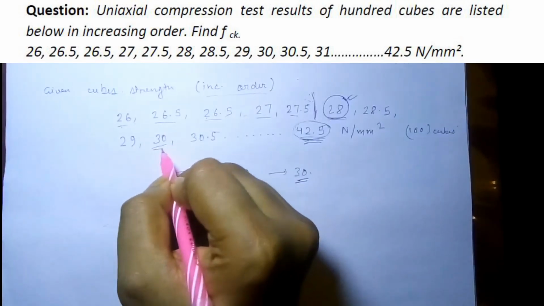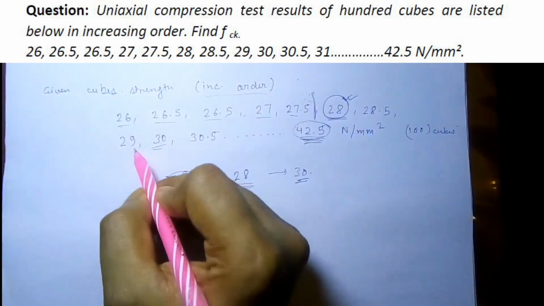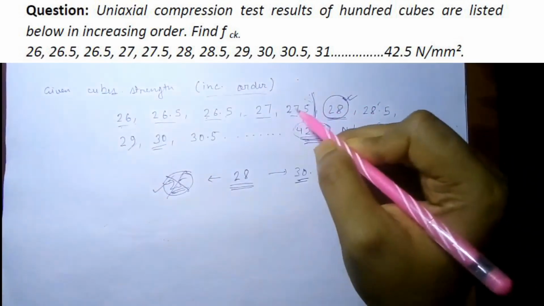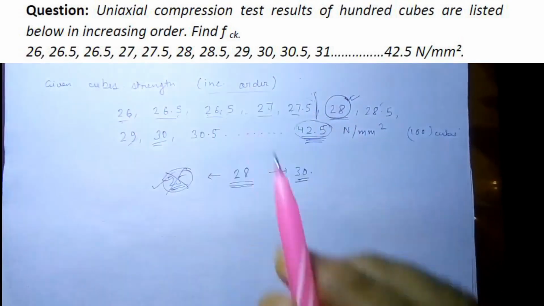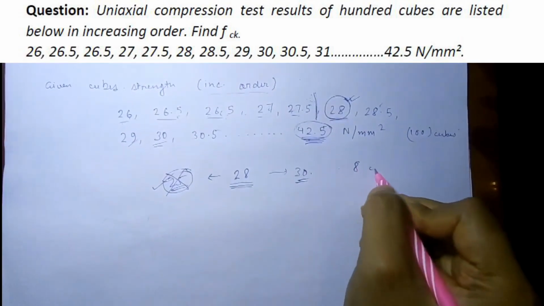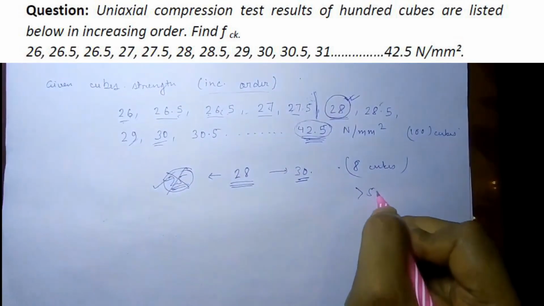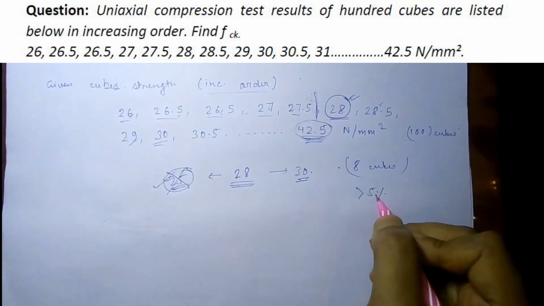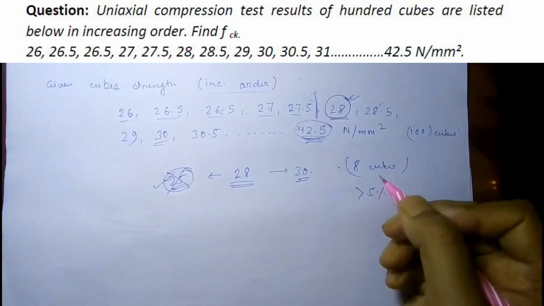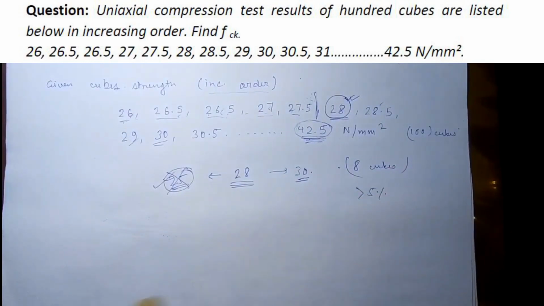If I consider 30, below it 1, 2, 3, 4, 5, 6, 7, 8 cubes will be falling, which is actually greater than my 5%. So 8 cubes fall below it, so we cannot say that 30 Newton per mm square can be our FCK.